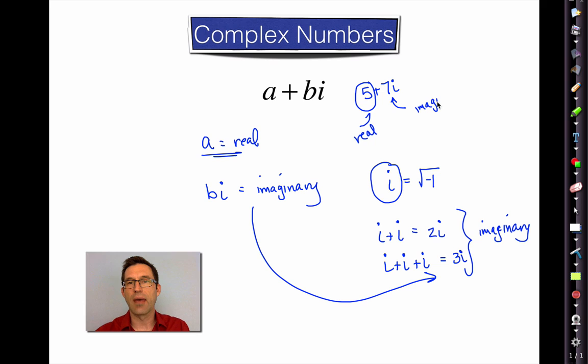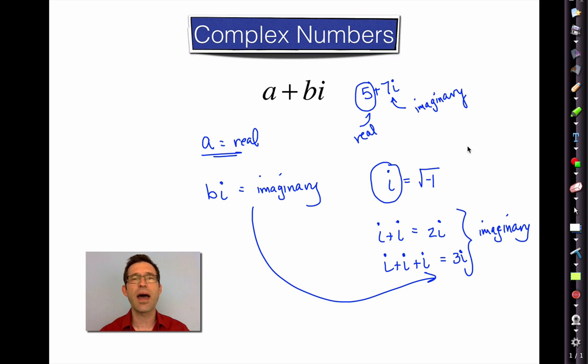We can't put them together because you can't actually combine real and imaginary numbers. The best you can do is leave it as a real number plus or minus an imaginary number. But when you do that, you have a complex number.